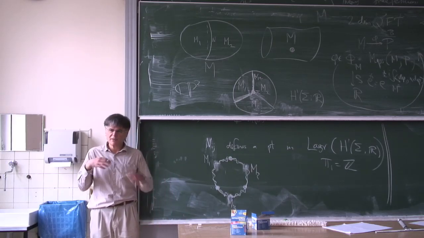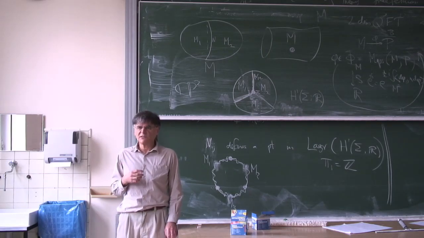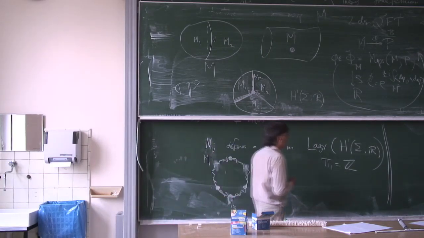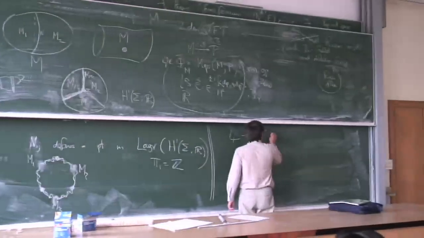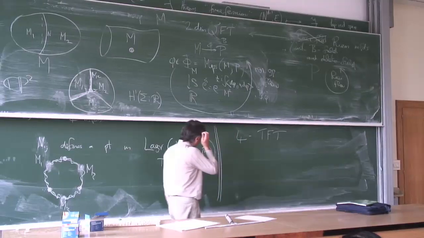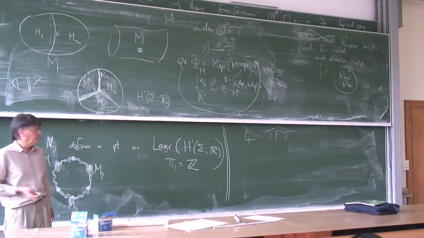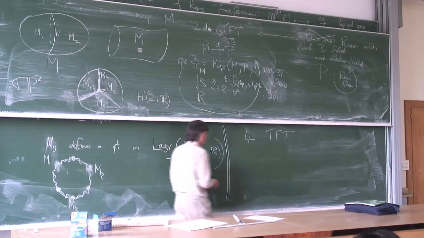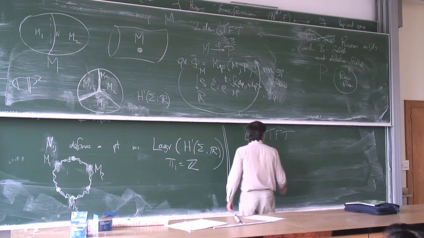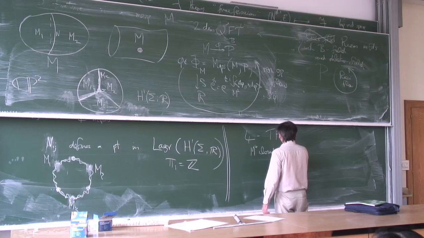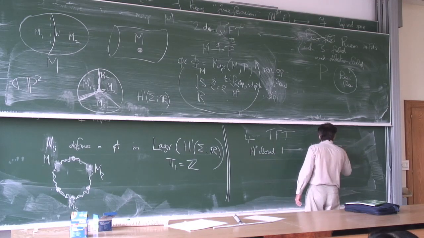But let me try and say it in a slightly different perspective. So I want to tell you a formalism in which to do this. So we want to talk about four-dimensional topological field theory. To a closed four manifold, it's going to be written additively, we're going to give some number m, which is an integer.